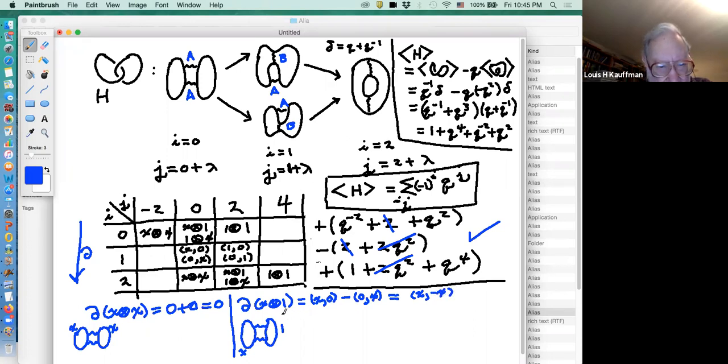And what about the boundary of the other one, the boundary of 1 tensor x? Well, you see, it's the same because you multiply, and so you're going to get x comma 0 minus 0 comma x, which is going to be equal to x comma minus x. So those two have the same boundary.